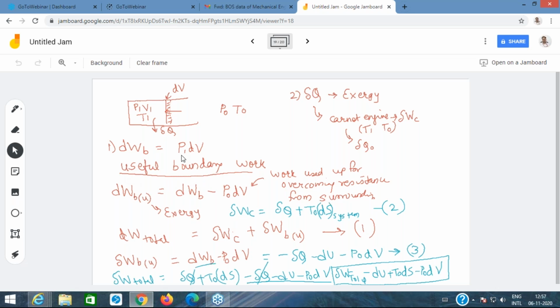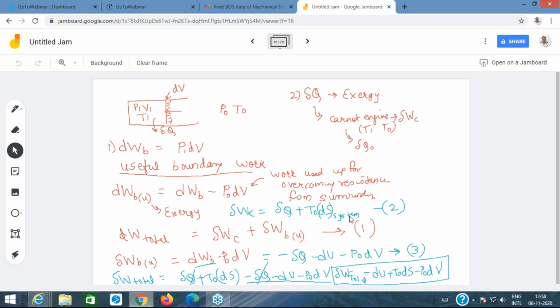For calculating the useful boundary work, we need to subtract the work consumed in overcoming the resistance from the surroundings, which is given by P naught dV. So dWB useful is equal to dWB minus P naught dV.